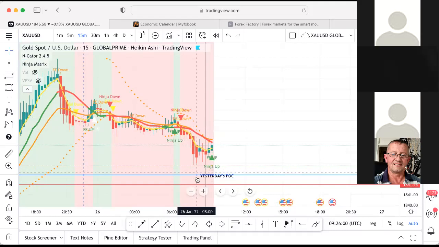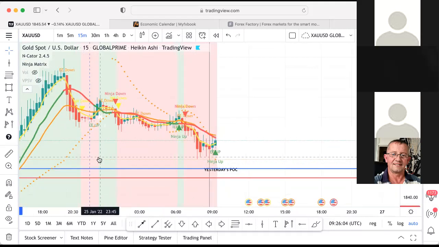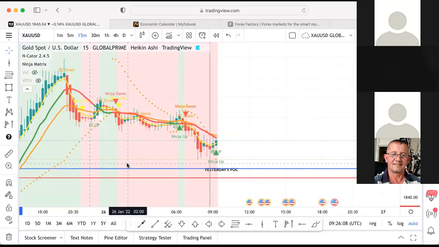Now, if I use yesterday's POC, which I think we've moved when I was messing about teaching, and if I entered that trade and I was confident it was going down to that line there, that would be my take profit.